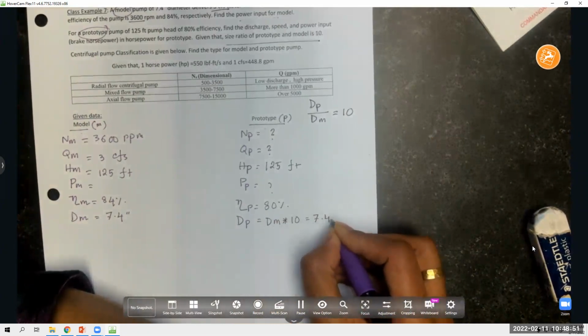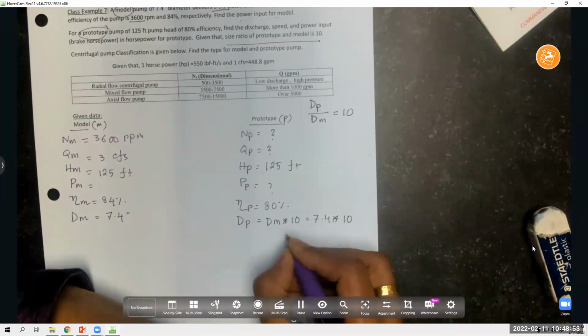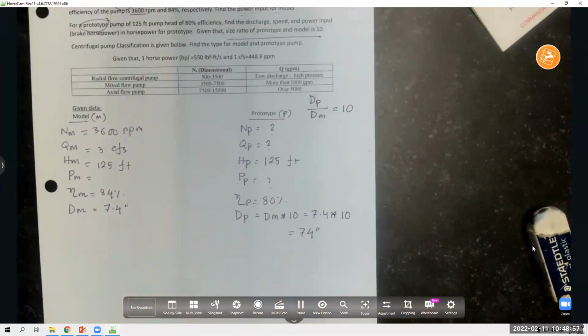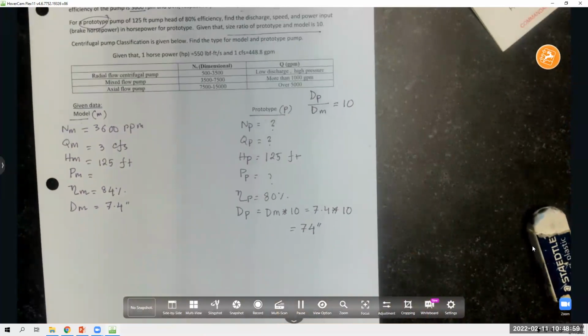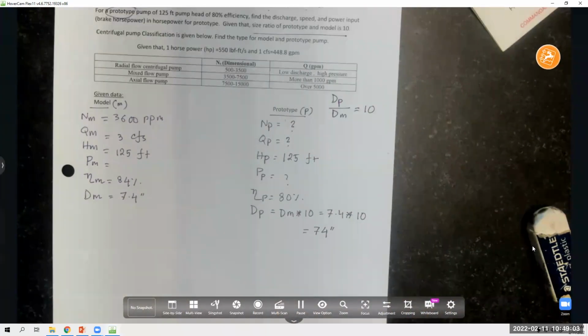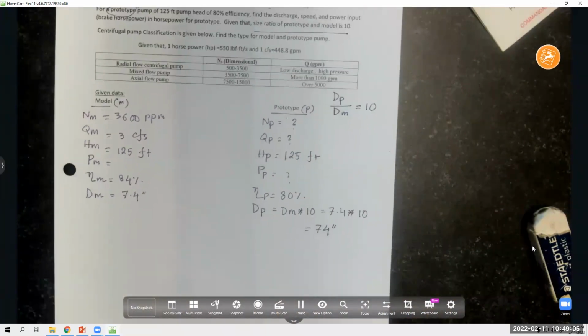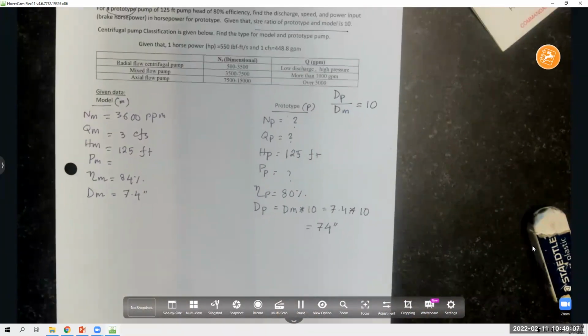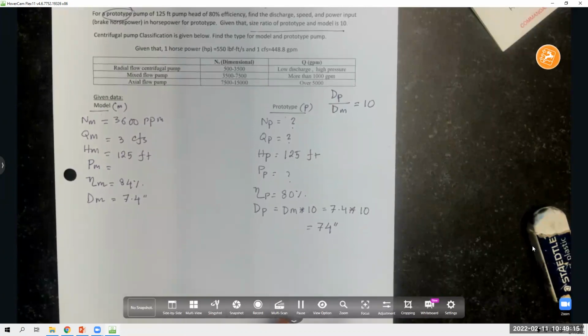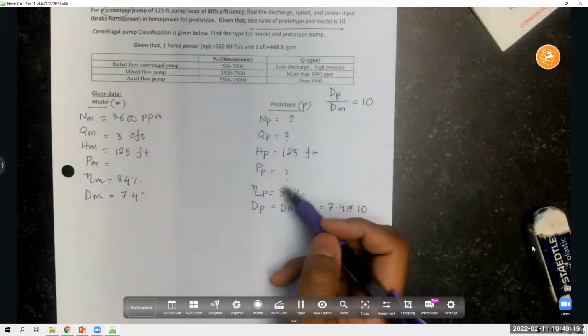We have 7.4 times 10. So what will be the final one? 74 inches, right? Okay. Now here, if you want to convert the unit, that is fine. If you don't convert the unit, you will see you are fine also because all the terms are like the same parameter, so they will cancel each other. Okay. So these are all the given values, and you see there are lots of unknowns.